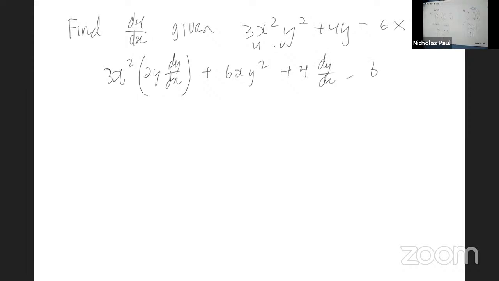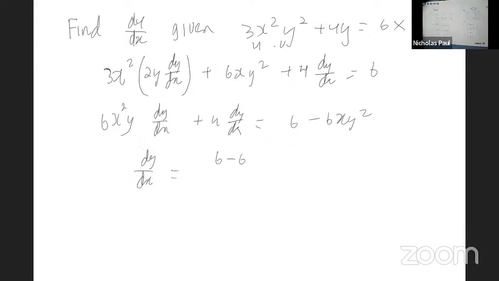Sorry, that'll be 6x squared y dy/dx plus 4 dy/dx is equal to 6 minus 6xy squared. And then you could factor out dy/dx, and you will get 6 minus 6xy squared over 6x squared y plus 4. That's it there. I made a mistake the first time. Sorry.